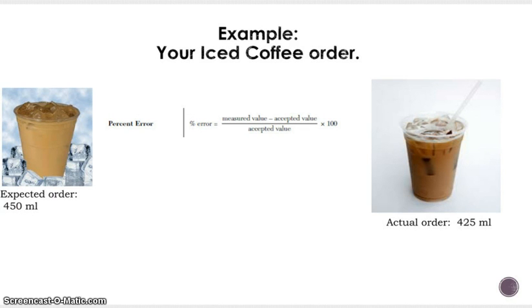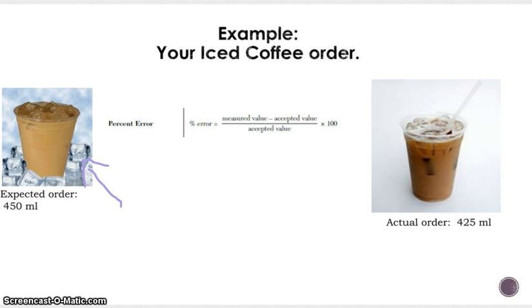All right, so for our example, to get us started, you go to order your iced coffee in the morning on the way to school because for some reason, you already need your caffeine buzz just to get yourself awake and ready to go. You look at the menu and you see this nice full cup of iced coffee.